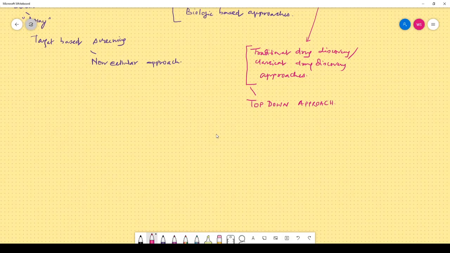Okay, so let us look at an example. Say you make diabetic rats. You take diabetic rats, and one group you call the controls, and one group you call the test. And then you give an extract which can be from a natural product.